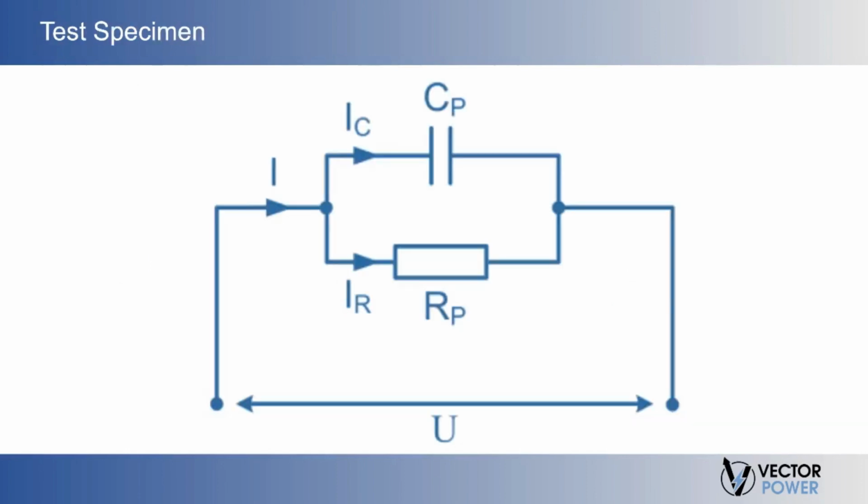A dissipation or power factor measurement circuit commonly views the specimen under test as a parallel capacitor-resistor network.